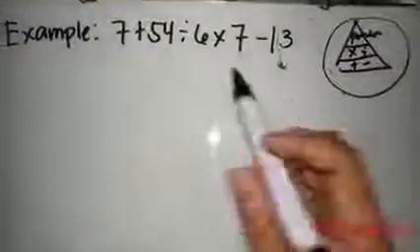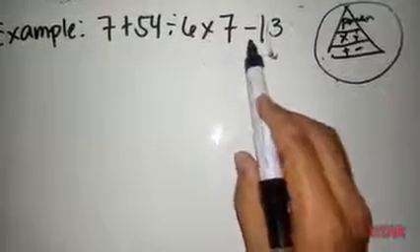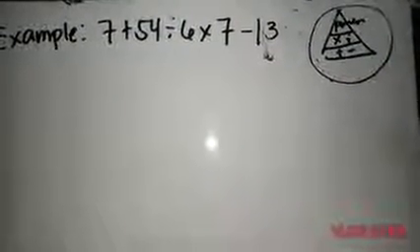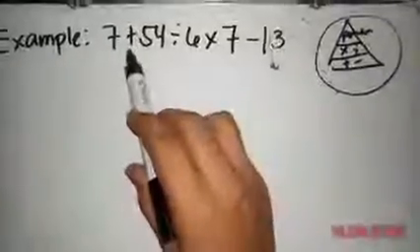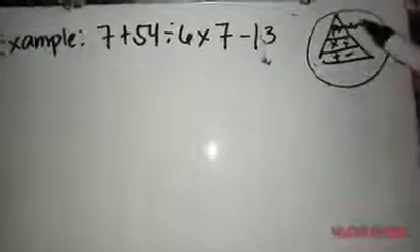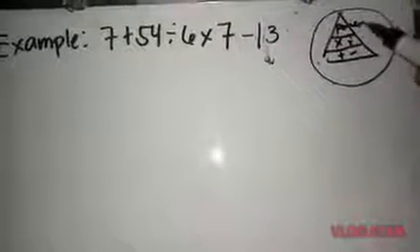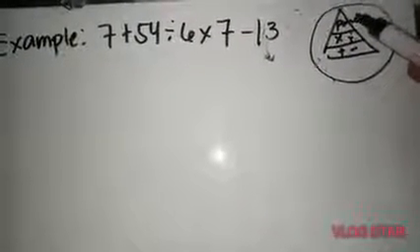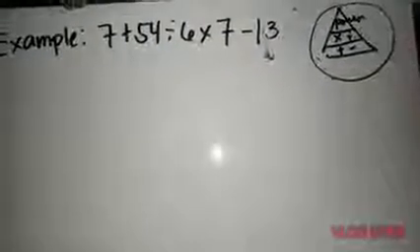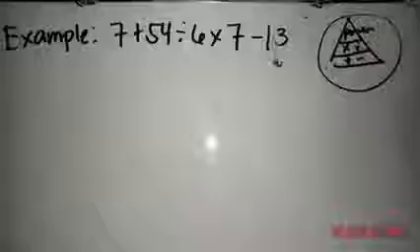So next example, 7 plus 54 divided by 6 times 7 minus 13. First, let's check the order of operations: addition, division, multiplication, and subtraction. In the hierarchy of operators, after parentheses and power, the next is multiplication and division, which lie on the same level and have the same level of priority.